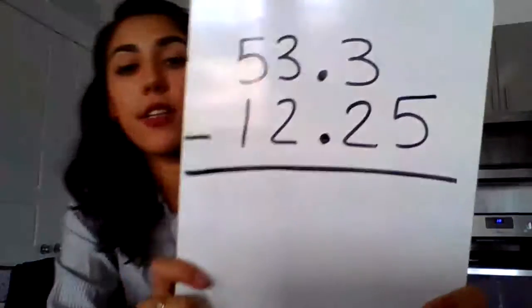Okay, next question. They're wanting you to subtract 53 and 3/10 minus 12 and 25/100. So I went ahead and set it up with the standard algorithm vertically.